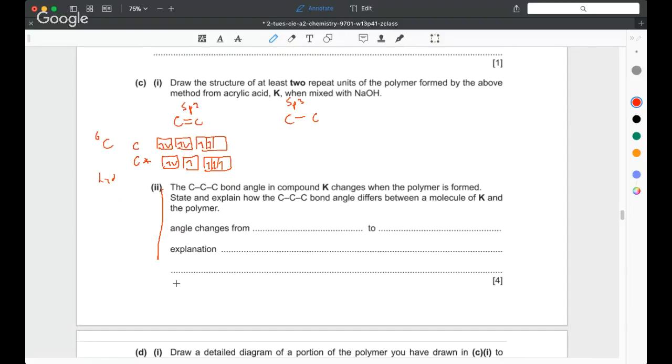So I'm just going to continue writing it down here. Nothing's happened to the 1s orbital, but you've now got sp2, and you've got one p orbital left behind there.